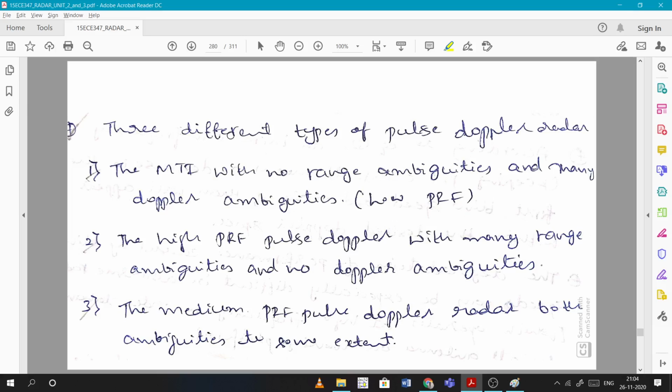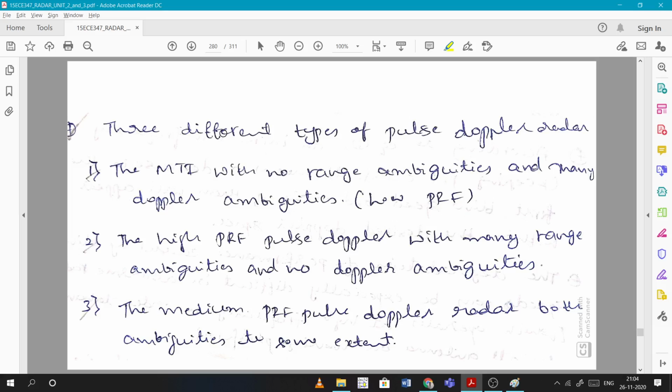Depending on the trade-off, there are three different types of pulse Doppler radar. One is MTI with no range ambiguity and many Doppler ambiguities. You get this when you use low PRF.